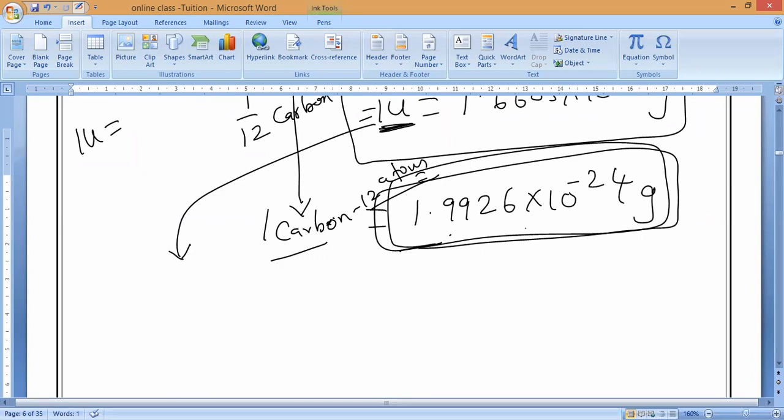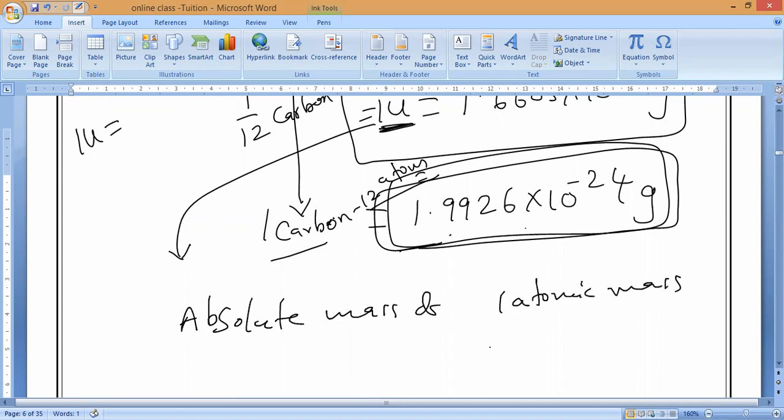Note this down, they will ask you in the exam also: what is the absolute mass of one atomic mass unit? So 1 U equals how much?